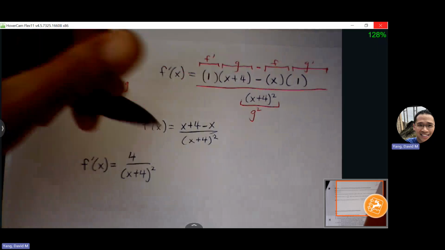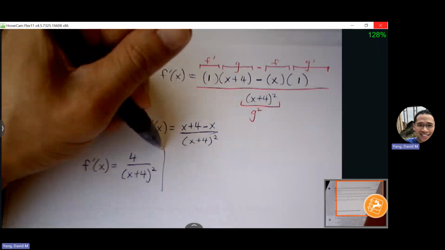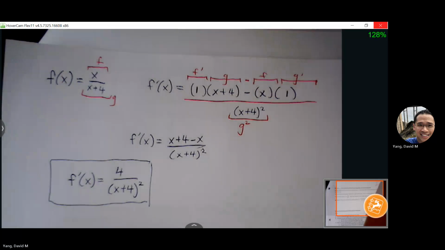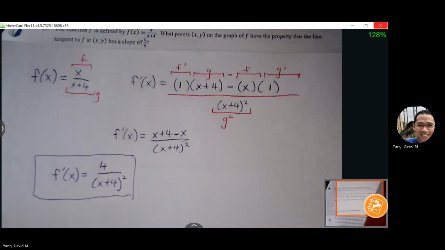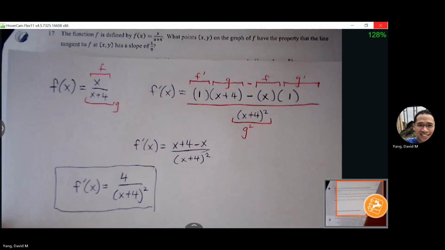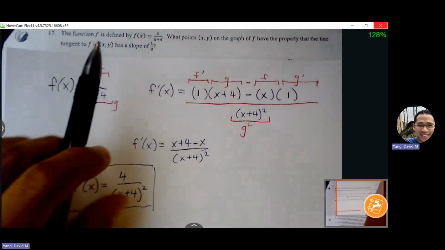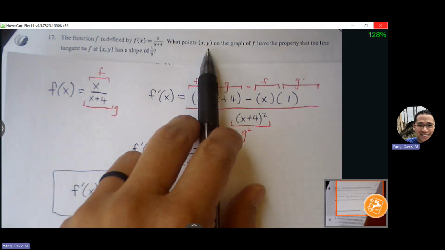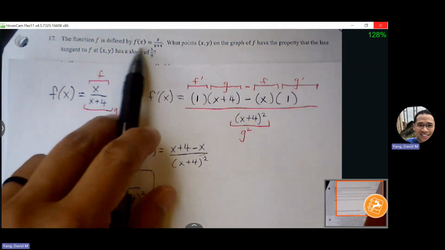Okay, so this is not my answer, but I know this is where I need to be to move forward with my problem. Any questions with the derivative function? It's asking for what points on the graph have the property where the slope is equal to 1/9.